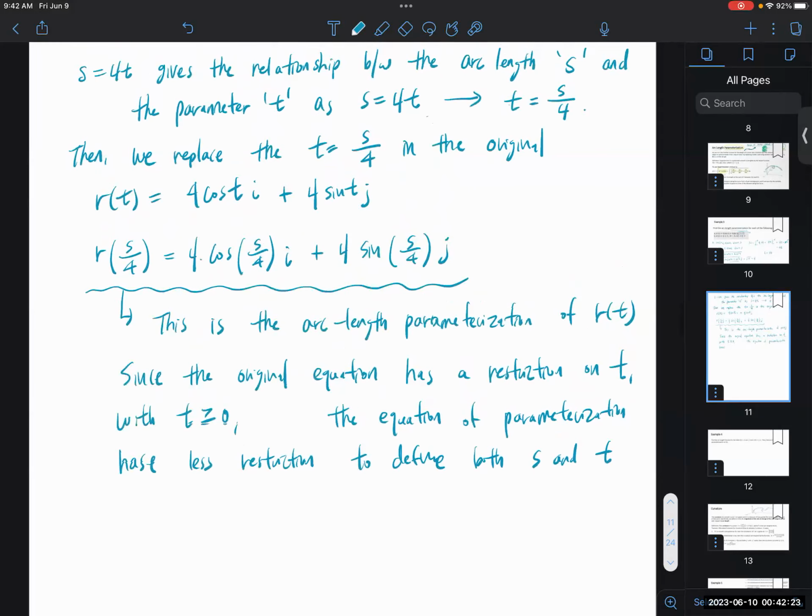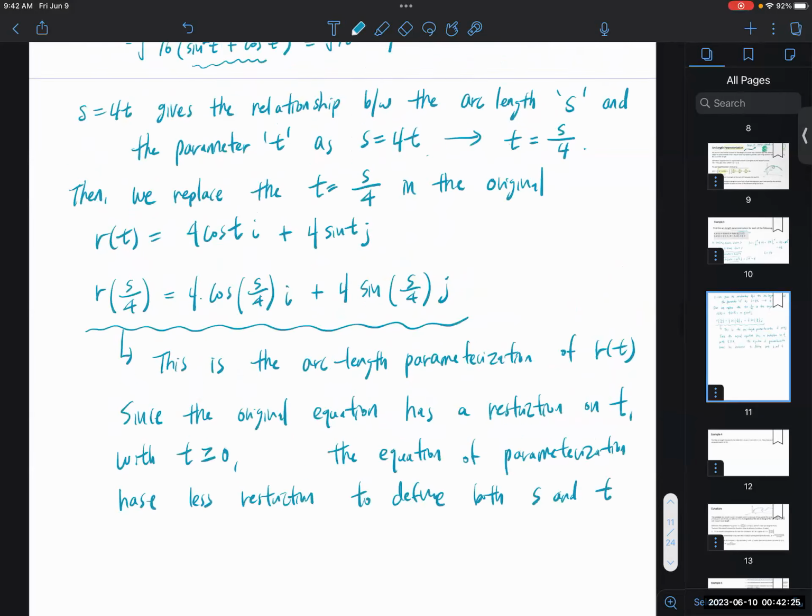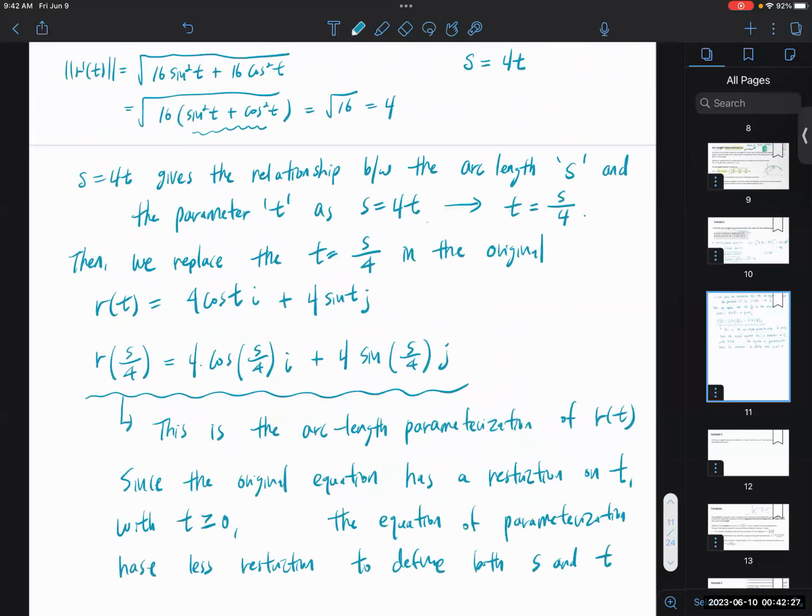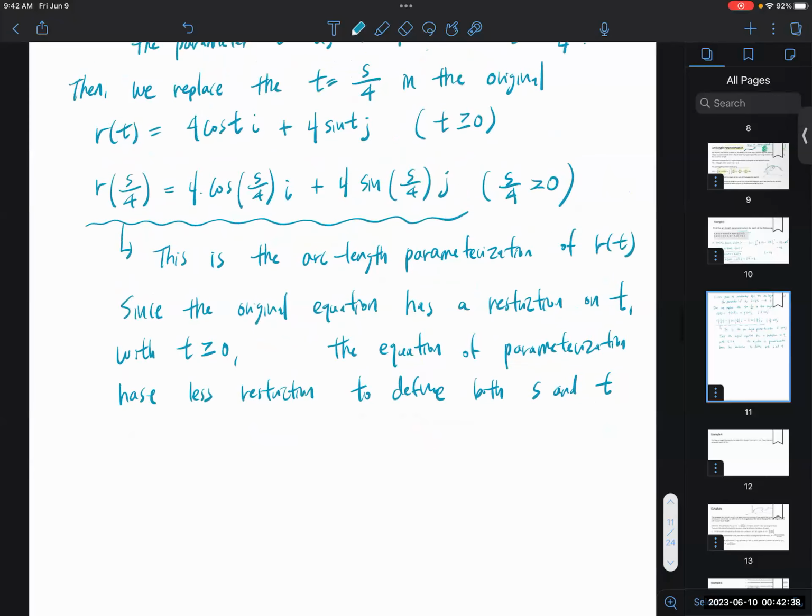In the original equation we have t greater than 0, but here we have S over 4 greater than 0. This is better because we are talking about the arc length, S over 4 greater than 0.